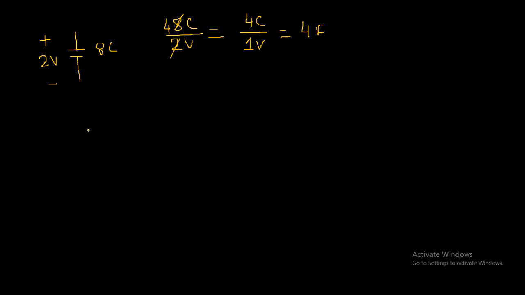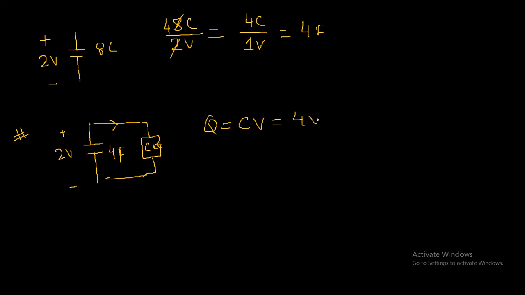Or another way we can say it: if I have a capacitor charged to 2 volt and I have attached some circuit, and this capacitor is 4 farad, I can say this capacitor can provide total Q equals C into V. C equals 4 and V equals 2, so 8 coulomb of charge at the expense of 2 volt.